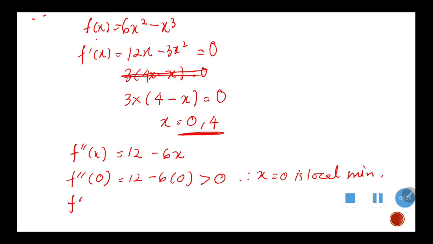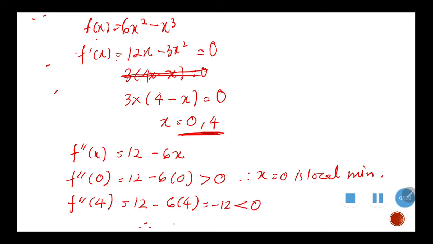Then we put in f double prime 4. You will get 12 minus 6 times 4, which is 24. So 12 minus 24, you will get negative 12. Definitely it's less than 0.